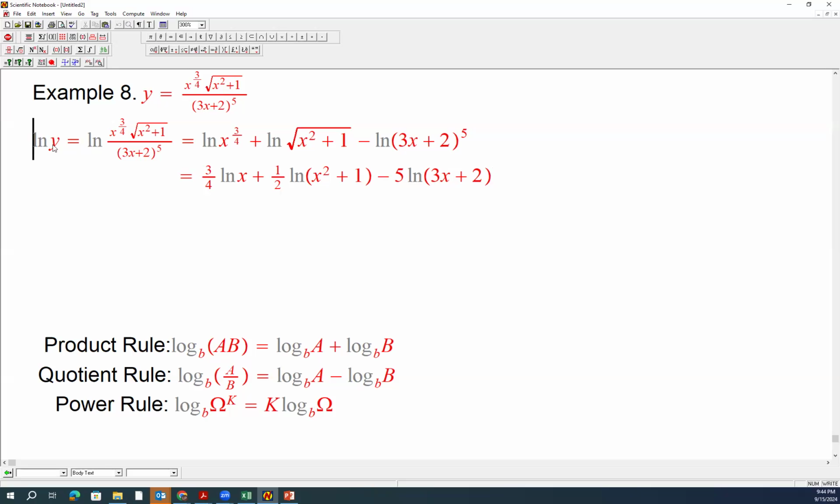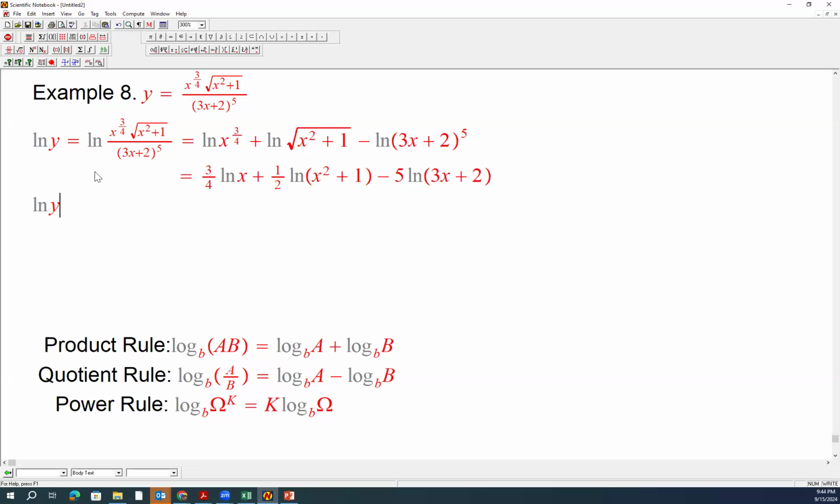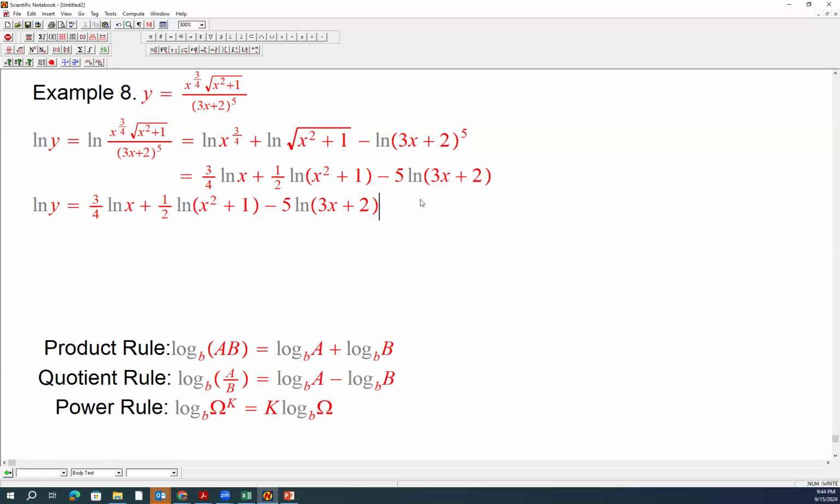So we got ln y equal to all of these in a much simpler logarithm form.